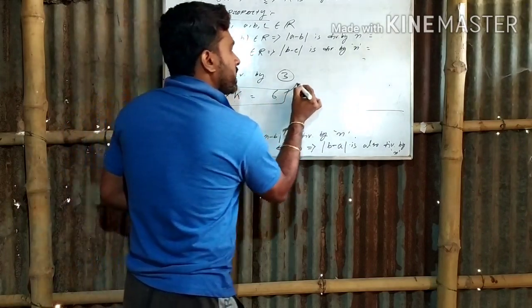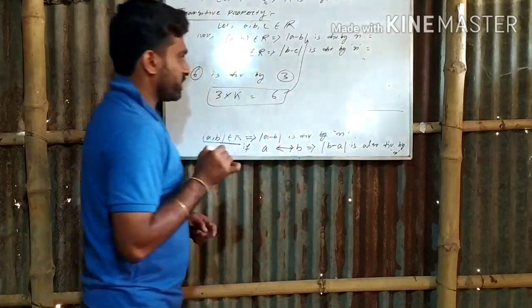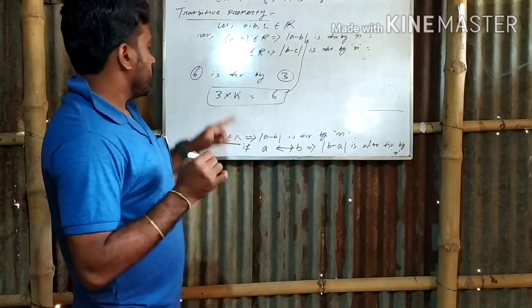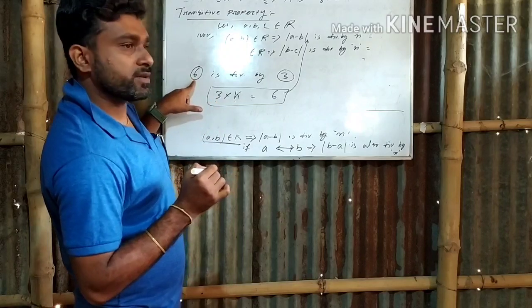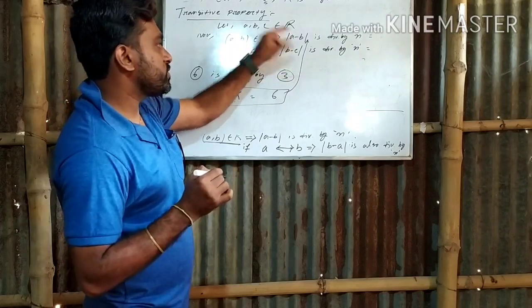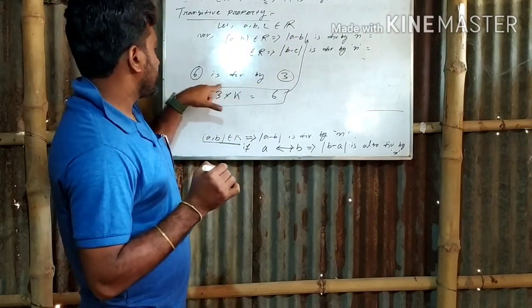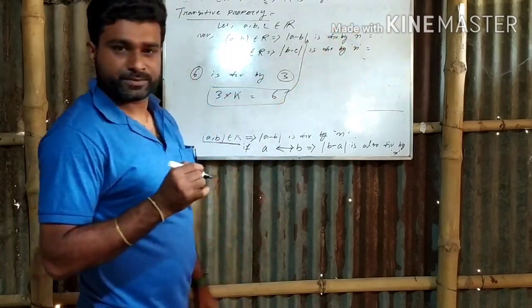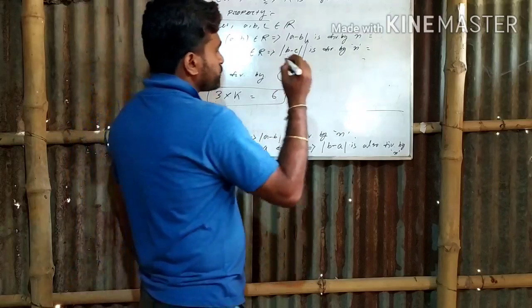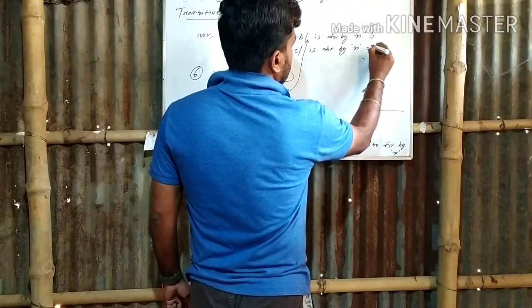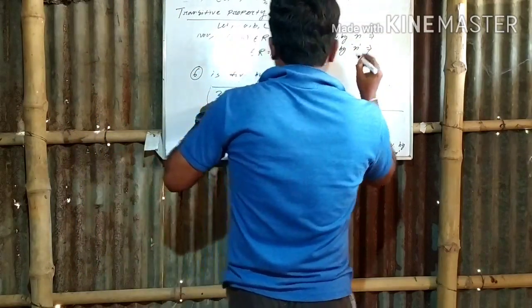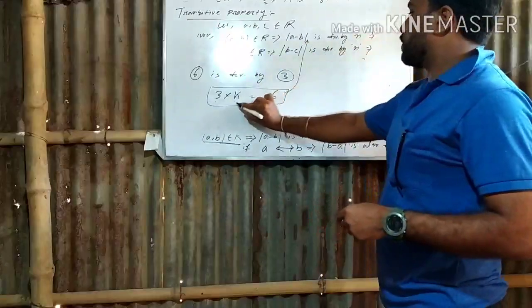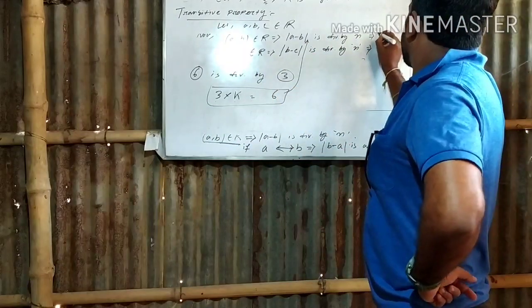Now you can compare this with this line: mod of a minus b is divisible by n. So here you can see in place of 6, mod of a minus b is there. And in place of 3, n is there. So comparing these, how can I write?